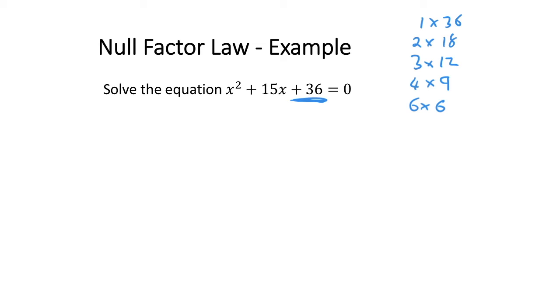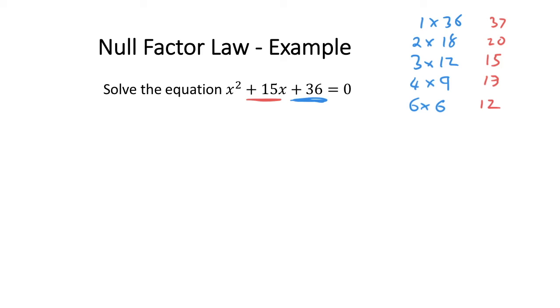After you have the factor pairs, you're then looking to see which ones of those pairs are going to add up to give you a positive 15. So 1 plus 36 is going to equal 37, 2 plus 18 will equal 20, 3 plus 12 will equal 15, 4 plus 9 is equal to 13, 6 plus 6 is equal to 12.